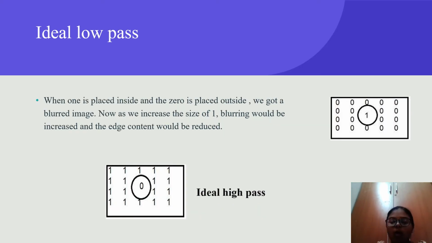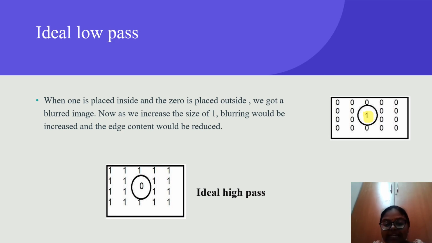Okay, now we have to see one simple thing, how we are going to understand the ideal high pass filter and ideal low pass filtering. Ideal low pass filtering means I have ones inside the circle, in the center of the circle, and zeros outside.